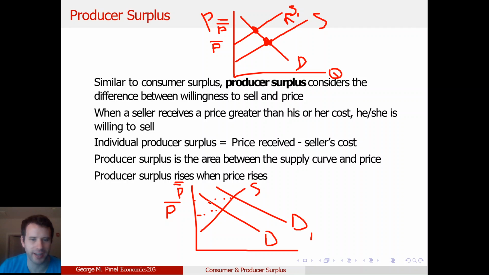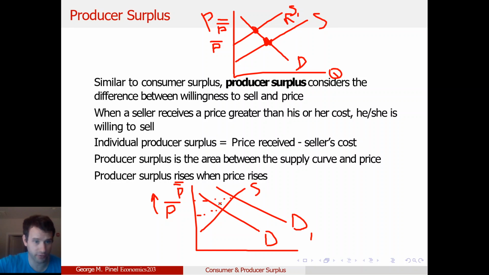These lines should be connected to the axis. I'm sorry, it's very difficult for me to draw on here. But as price increased from P bar to P double bar, the area above the supply curve between price and supply has now increased.